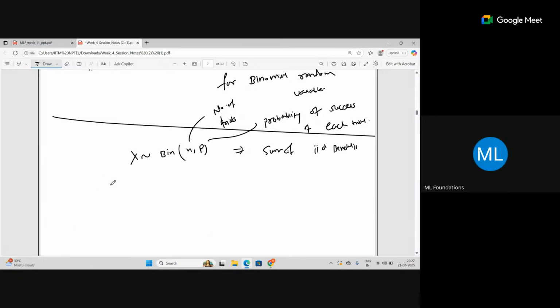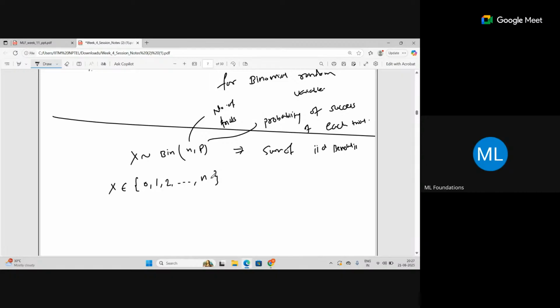And what is the range of X? X can take values between 0 and n. So it will take 0, 1, 2, up to n. In this case, can it take decimal values? For a binomial random variable, no, it cannot.